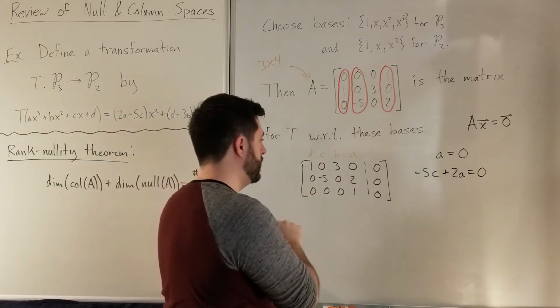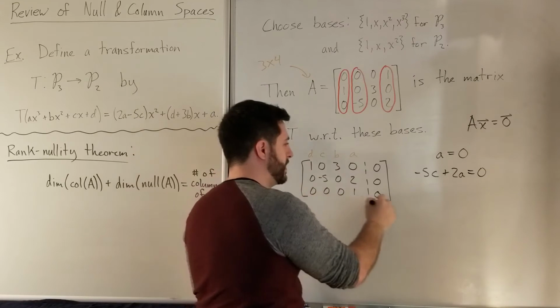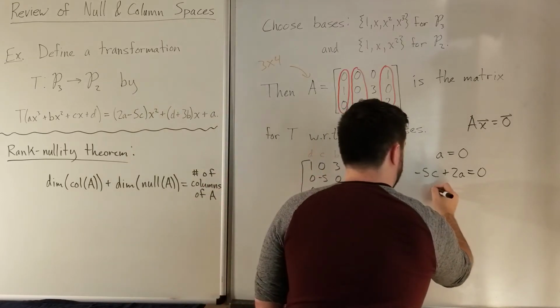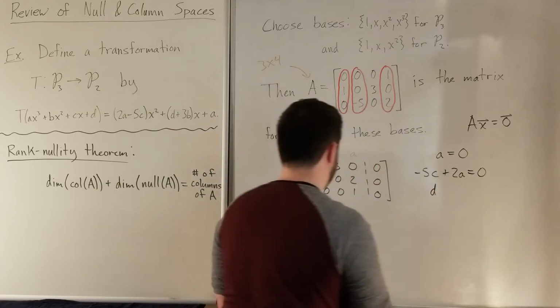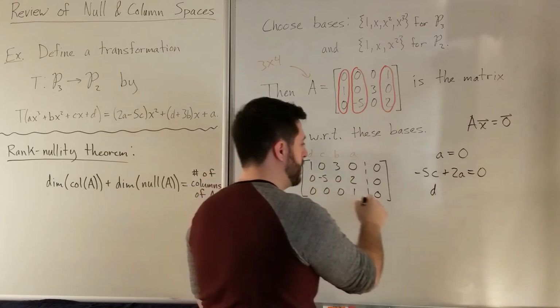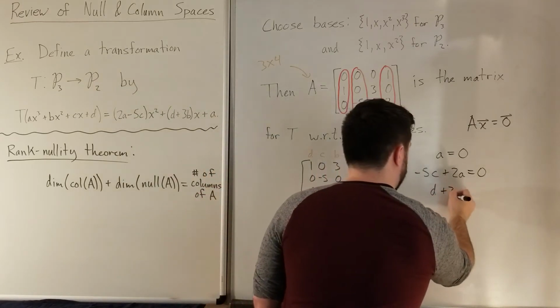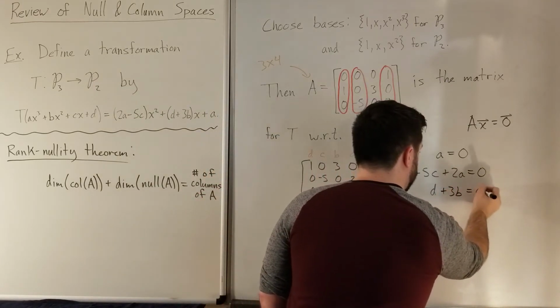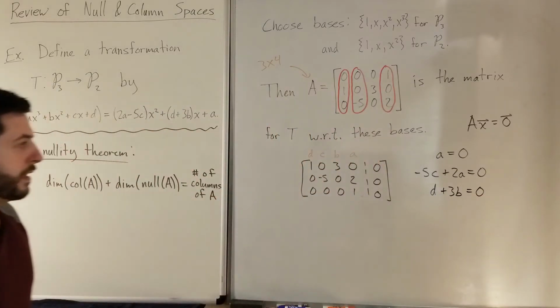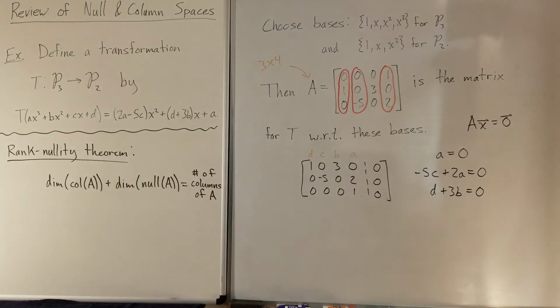And the first line says just D, plus 3 times B must be 0. Okay? So these are the three equations we get out of augmenting this.